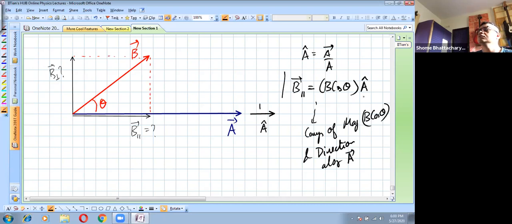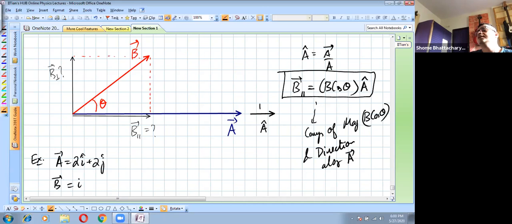So it's very easy. Going back to that example where A was 2i cap plus 2j cap and B was i cap plus j cap plus k cap. We saw that the magnitude of this, which is B cos theta, was root 2.